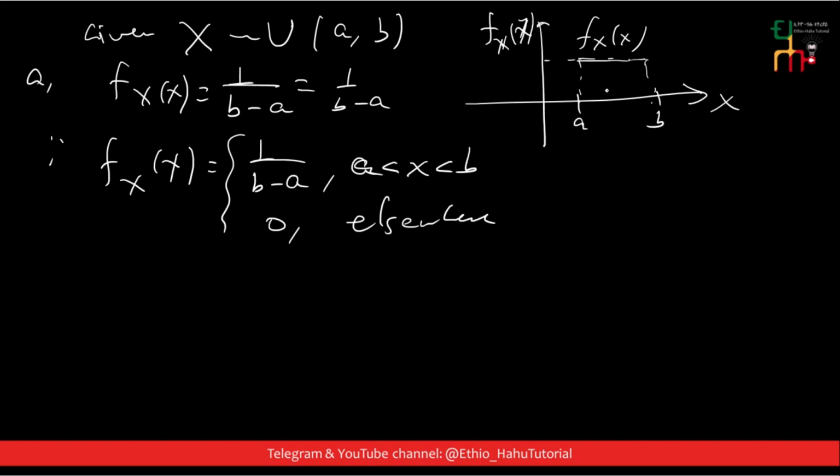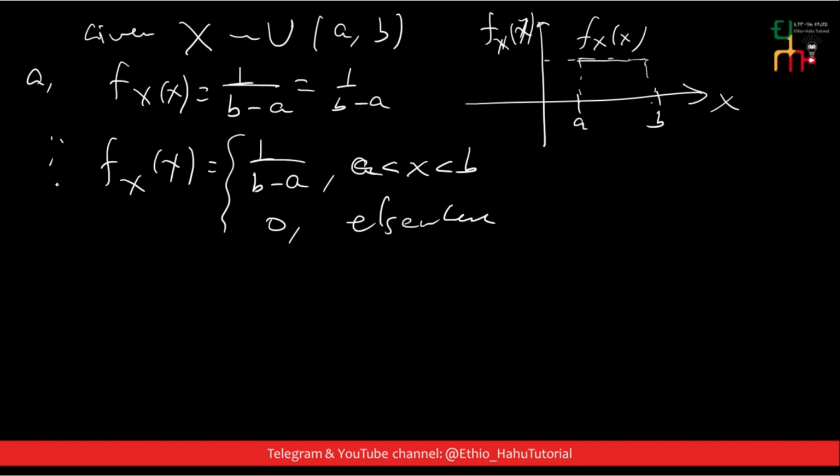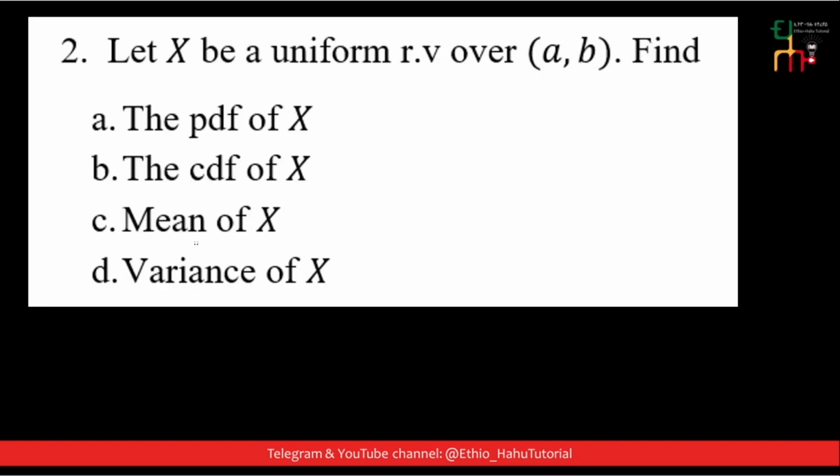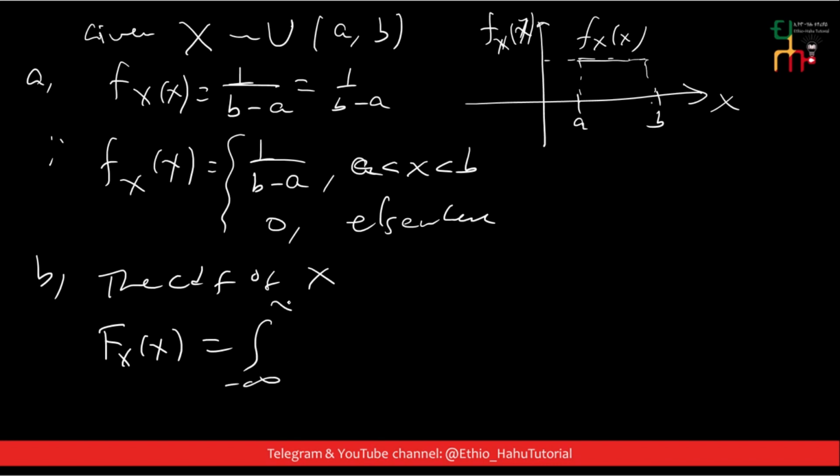The probability density function exists only between a and b. The question asks for the probability density function of x, and this is it. Next, the CDF of x. To get the CDF of x, F_X(x) is the integral from negative infinity to x of f_X(x) dx.